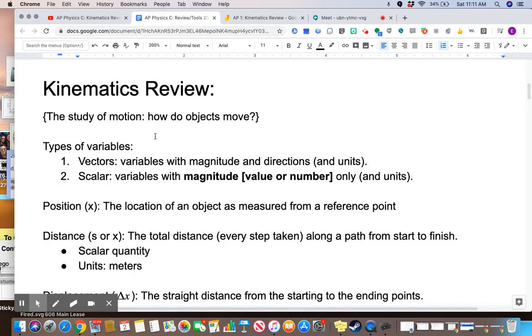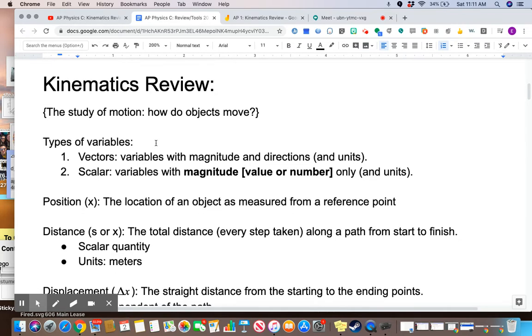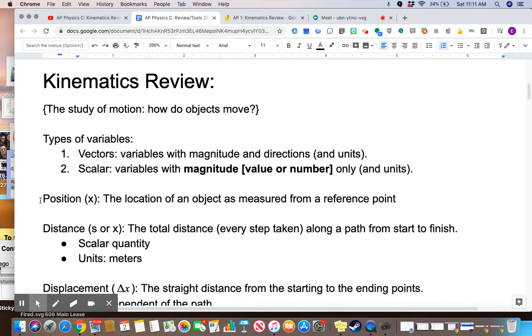Okay, so in kinematics, the first way that we describe motion would be to describe an object's position. The position, which we use the variable x to represent, is the location of an object measured from some reference point.